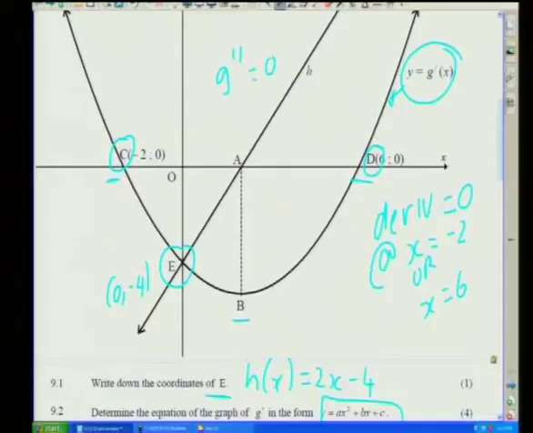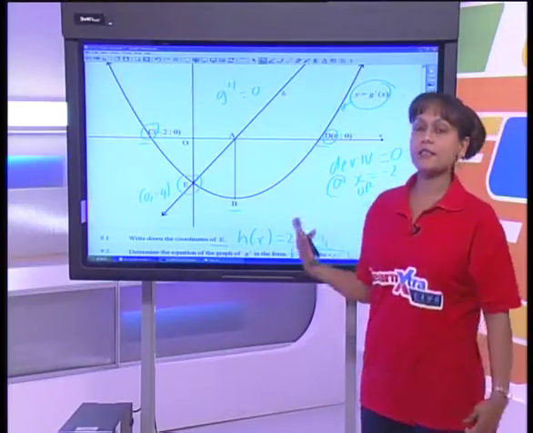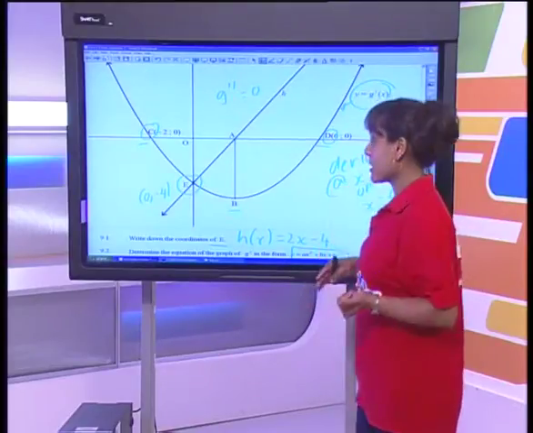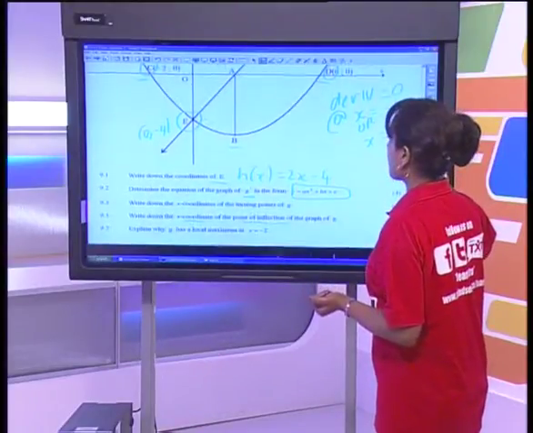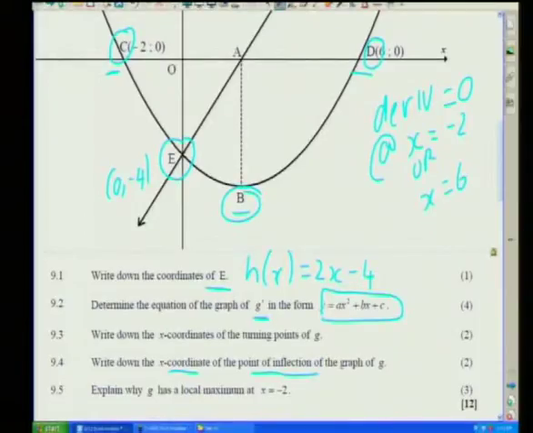But remember, your point of inflection is where the second derivative is equal to 0. And on this parabola, where is the second derivative equal to 0? At the turning point. So therefore, when they're asking me for the points of inflection, they basically want to know the x value at point B, because that is where my second derivative will be 0. It will be at the turning point.